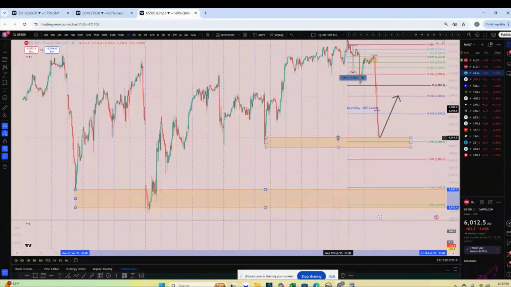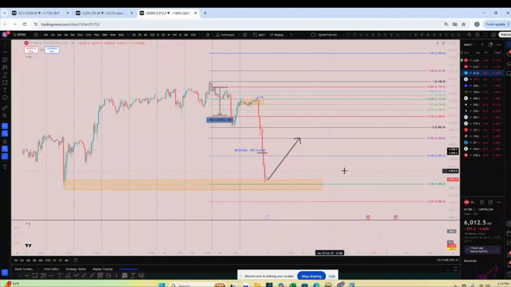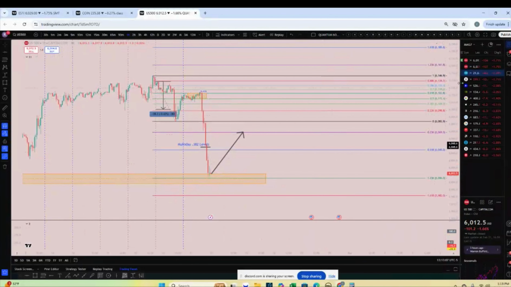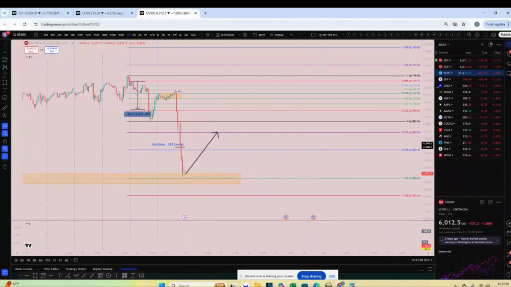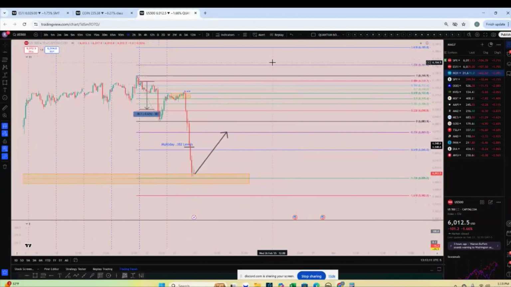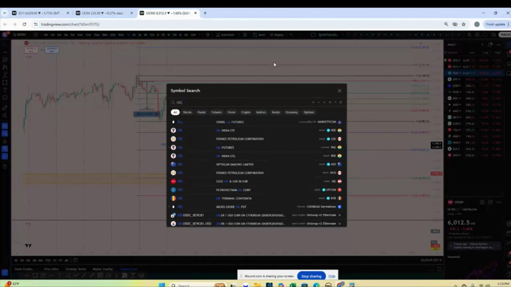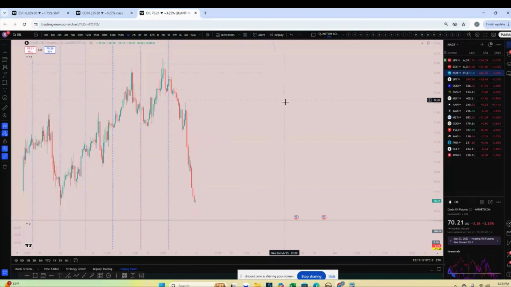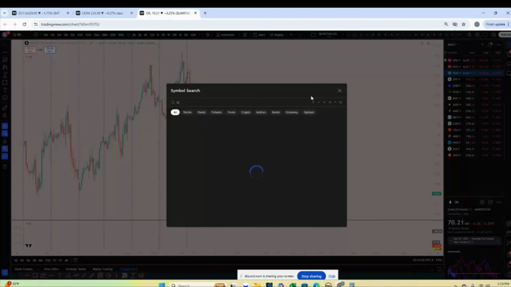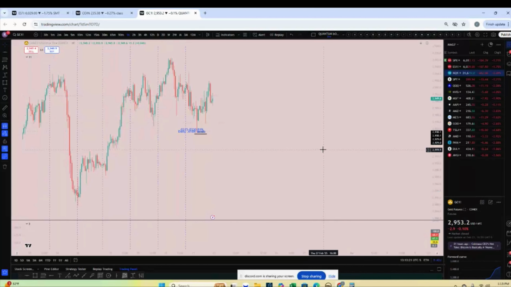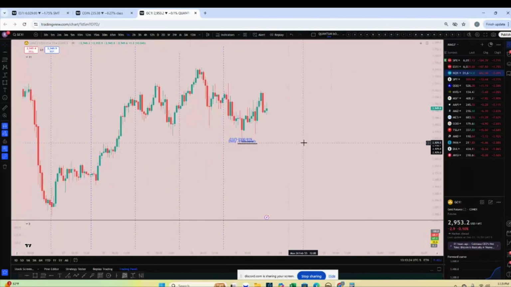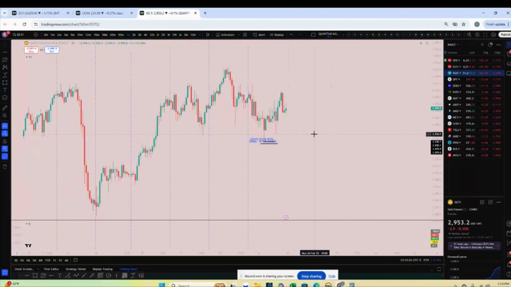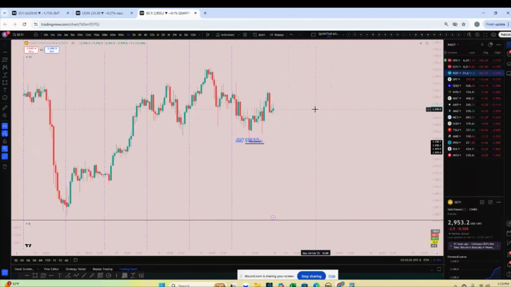I'm trying to think what else. That's pretty much it. I don't know if anybody in here is a futures trader, but of course, you guys know I focus a little bit more on the futures side, and I let the other guys handle the options side for the most part.